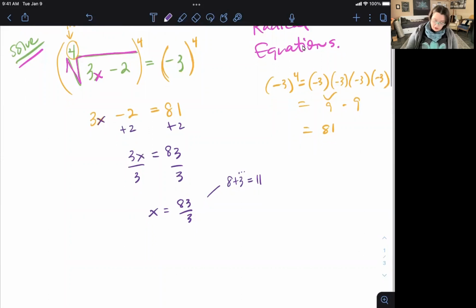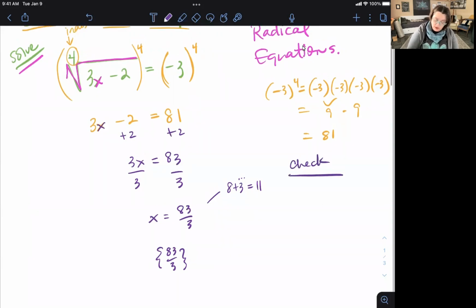So this seems like a legitimate answer, and we might go ahead and put 83 thirds into set notation, but wait, we can't yet do that because we need to check. So the instructions here will be sure to say solve and formally check. That means you're going to take your solution that you found and plug it in for x.